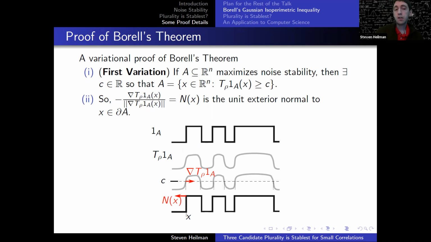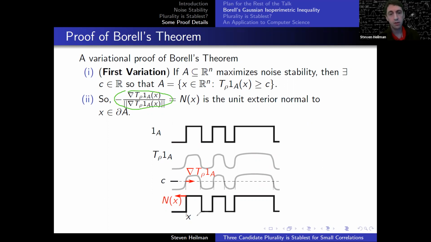Knowing that we have that first variation condition, what happens when you take a gradient? We know from calculus 3, if we have this T rho indicator A and we take a gradient, and take the negative of it, the quantity that I have here, and then divide by its length, it's going to be the unit exterior normal to the set A. I'm just using calculus 3 stuff.